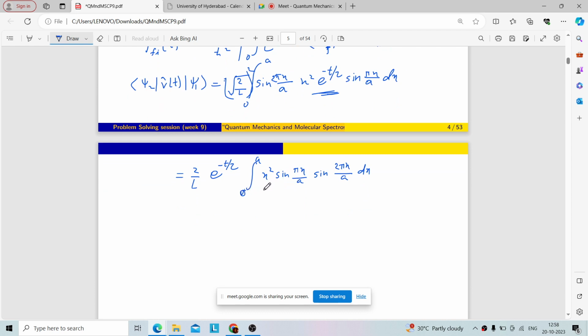Now we have to evaluate this integral using integration by parts. But you see there are 3 functions now. So we have to convert the 2 functions to a single functional form.